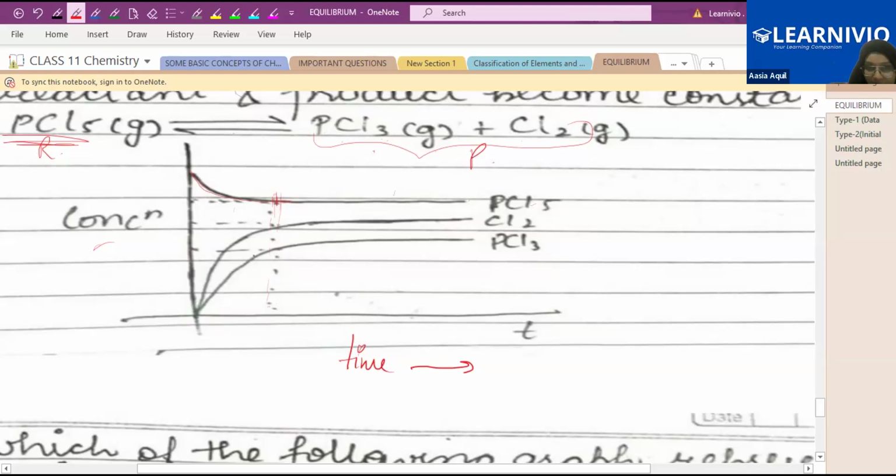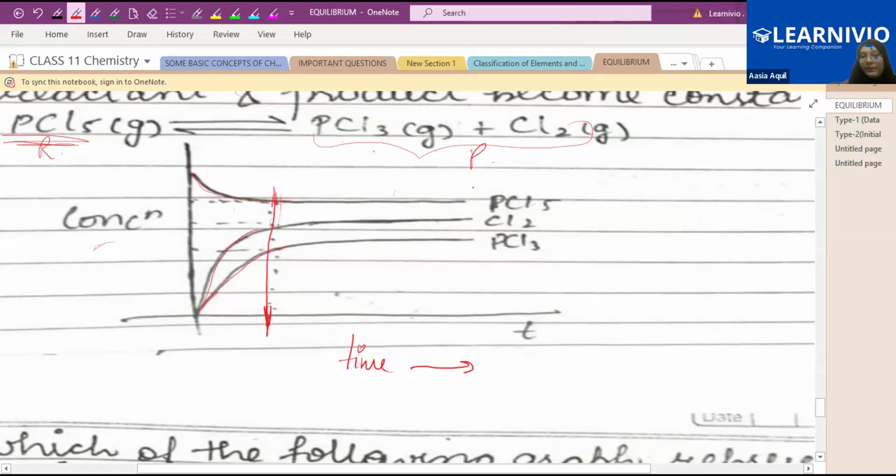The concentration of PCl3 is this line, and the concentration of Cl2 is this. You can see the concentration has been increasing. This is an increasing type of graph, the same for Cl2. And after this time, the concentration becomes constant.